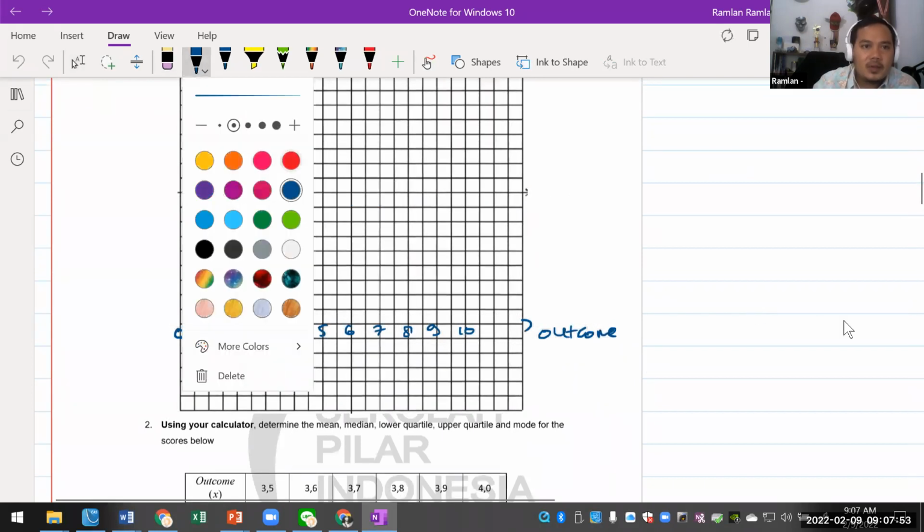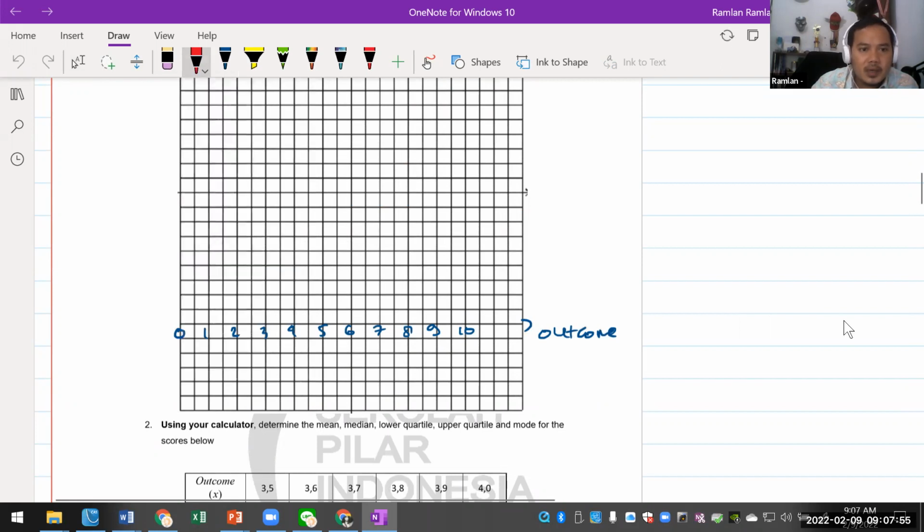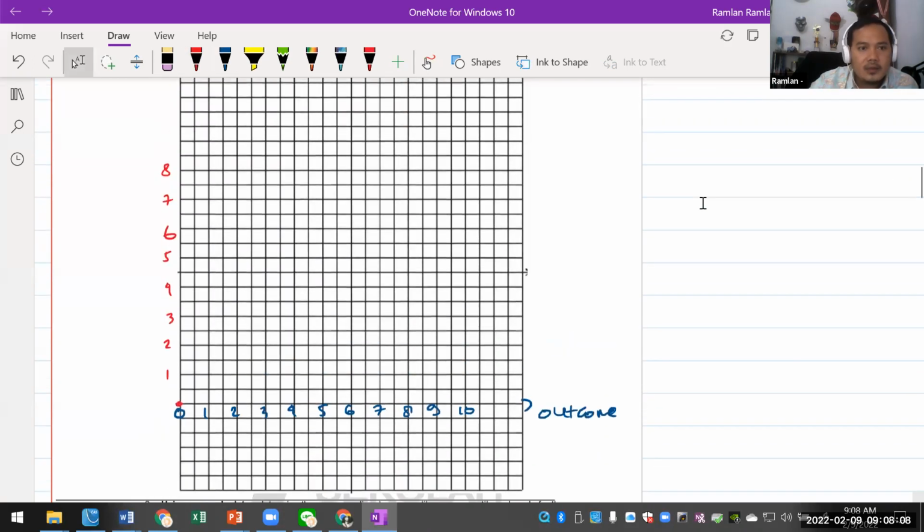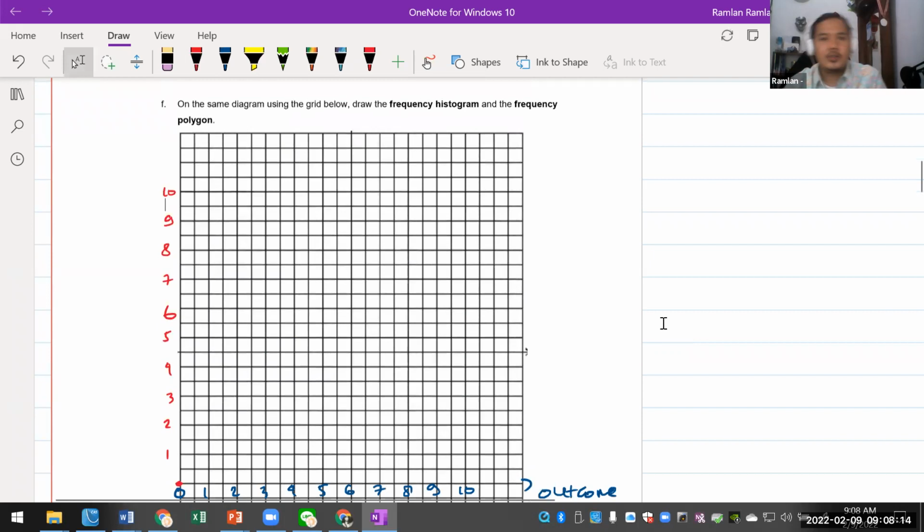Okay, so for the frequency I'm going to use red this time. Ini dari 0 ya. And then we have 1 and 2 and 3 and 4 and 5 and 6 and 7 and 8 and 2 more go. 9 and 10. Okay, here we go. Okay, so let's go back to the table that we have.